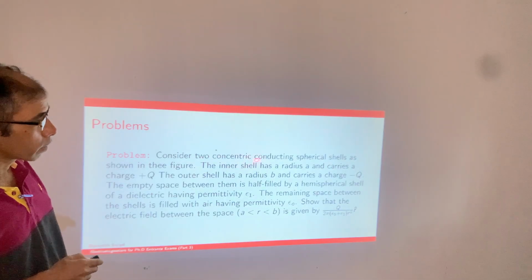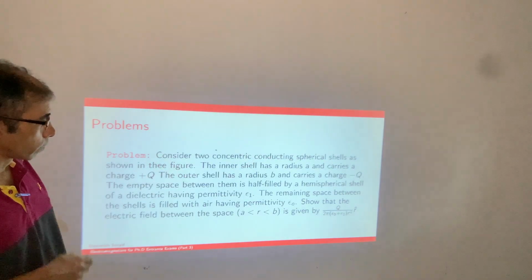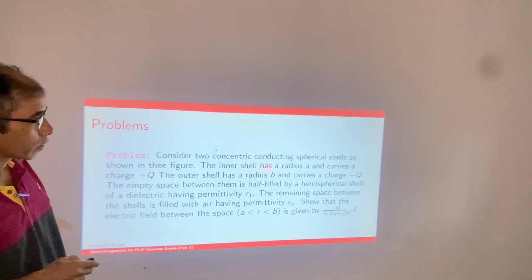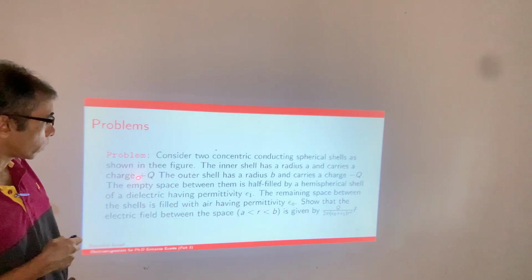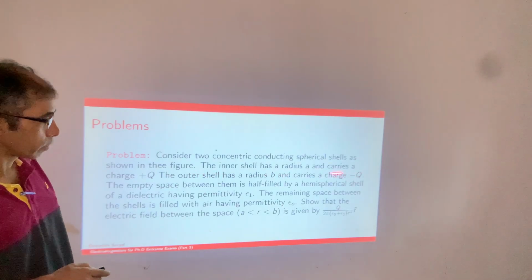We go to the next problem. Consider two concentric conducting spherical shells as shown in the figure. The inner shell has a radius a and carries a charge plus q. The outer shell has a radius b and carries a charge minus q.